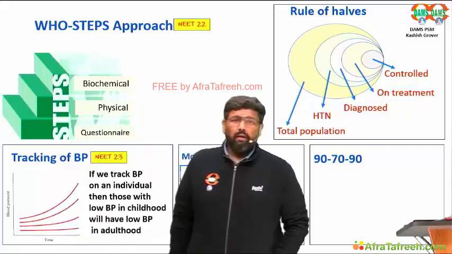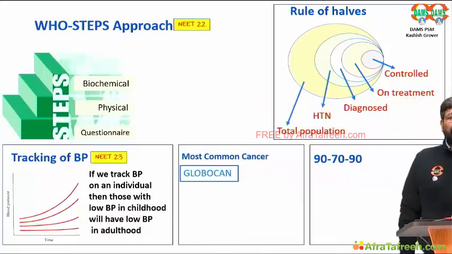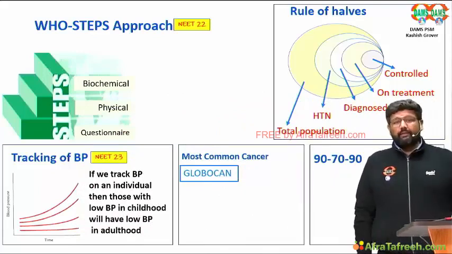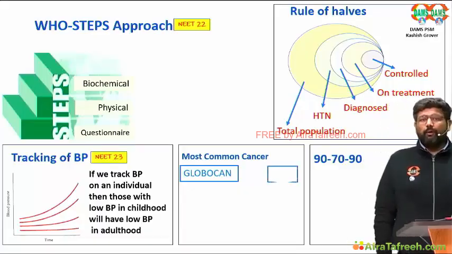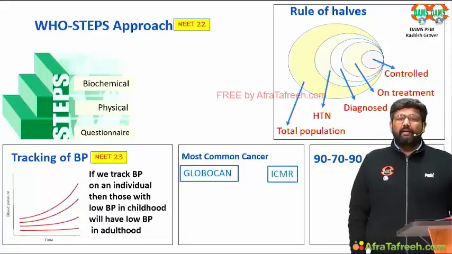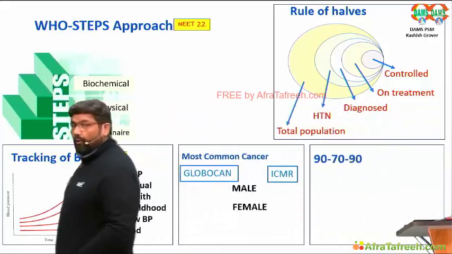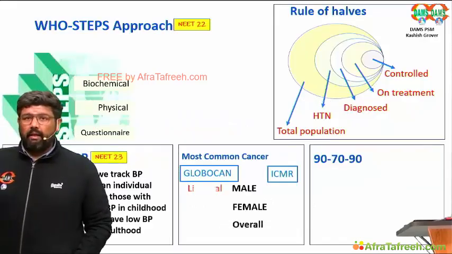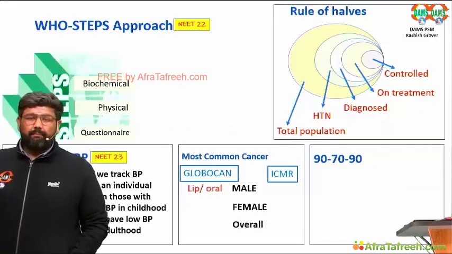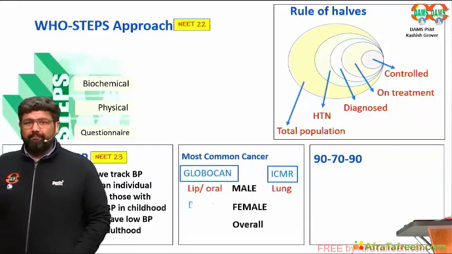Now, coming to the next topic, most common cancer. Globocan 2020 data for India, and we have recently ICMR. The most common cancer according to Globocan in males is lip, oral cavity. In females, it is breast.